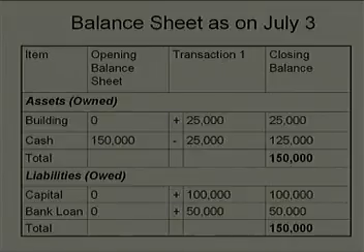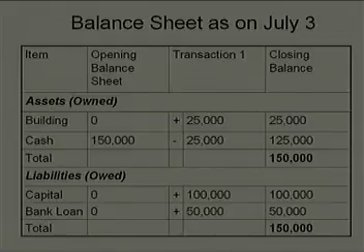Yet, the total value of assets is again 150,000, but the composition of assets has changed. Earlier, I had 150,000 worth of cash alone. Now I have only 125,000 cash and the remaining in the form of building assets. And with this transaction there has been no change in liability, because we have not added any liability as far as the company is concerned.